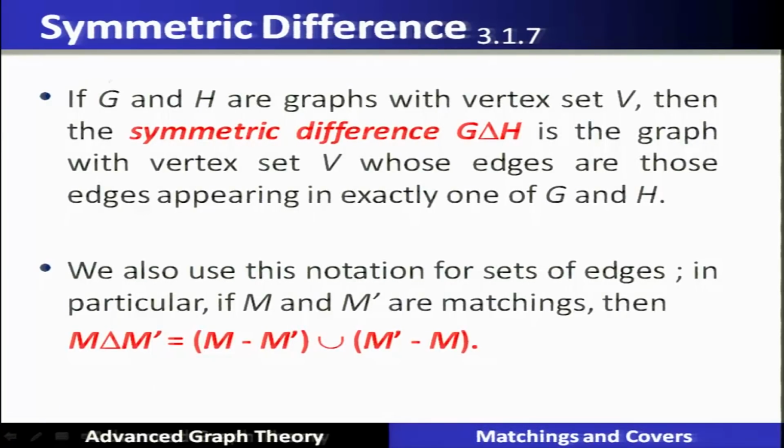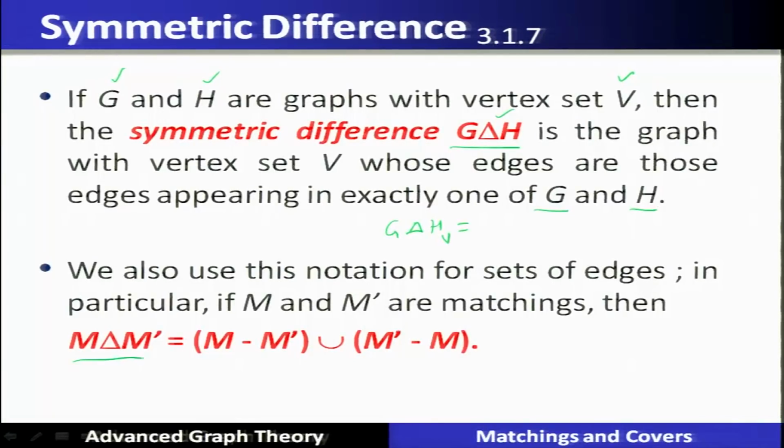Let us take two different graphs G and H which are defined on the same vertex set. The symmetric difference is written as G symmetric difference H, which is defined on the same vertex set V, and will include those edges which appear in exactly one of G and H. So, those edges which are common to G and H will be excluded.